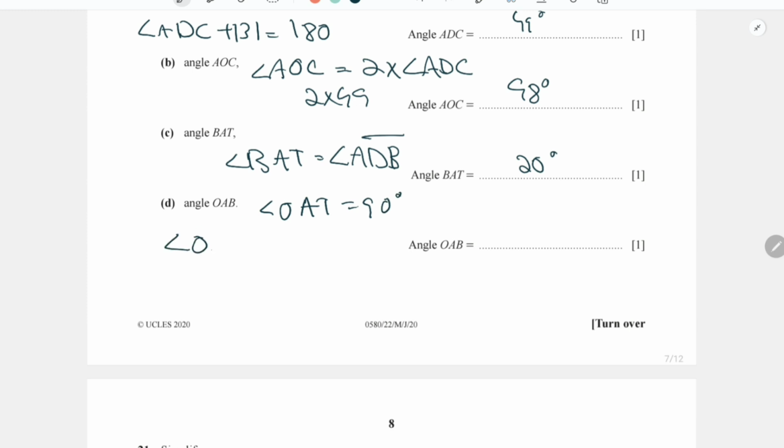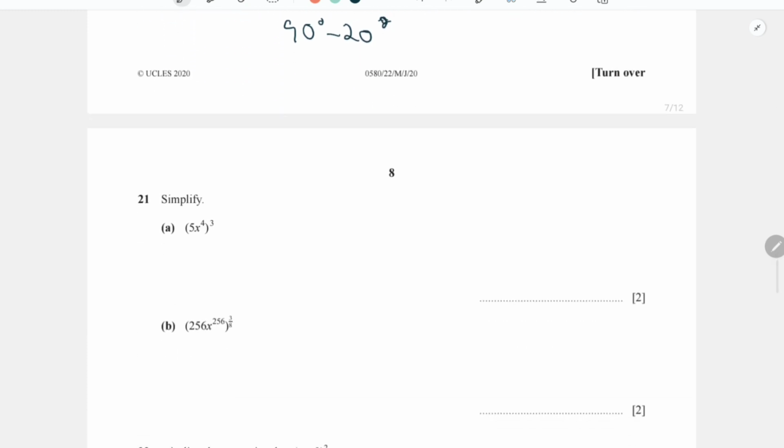Now angle OAB equals angle OAT minus angle BAT. OAT is 90, BAT is 20, so we get 70 degrees. So this question is finished here.